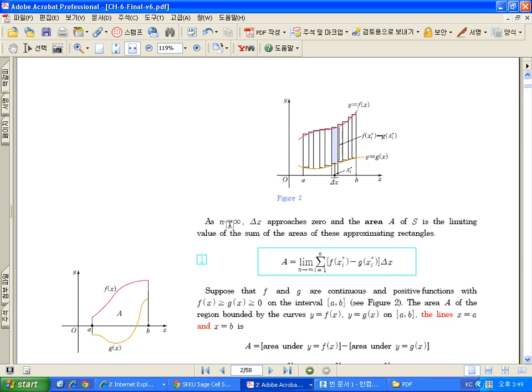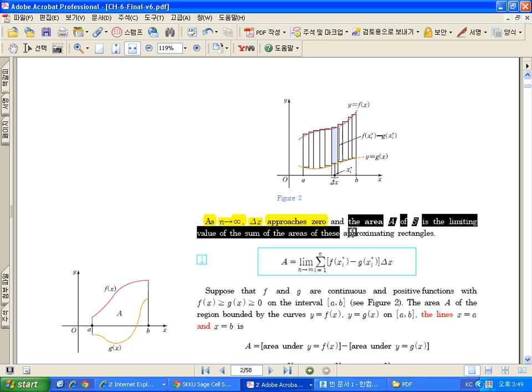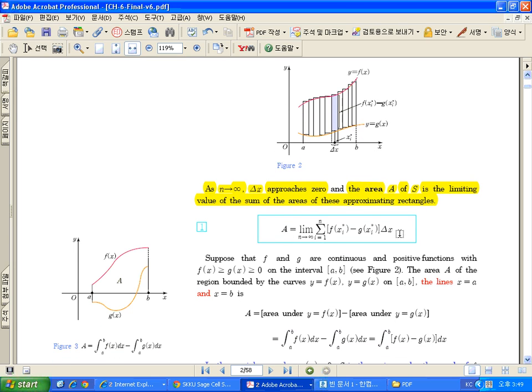Okay. If we send n to infinity, then delta x approaches 0, and the area A of S is the limiting value of the sum of the areas of the approximating rectangles, like this.